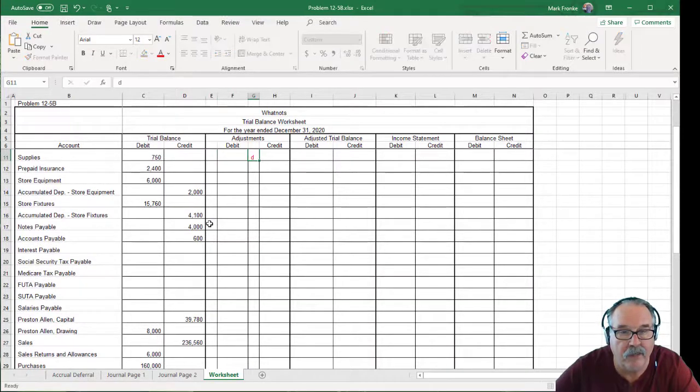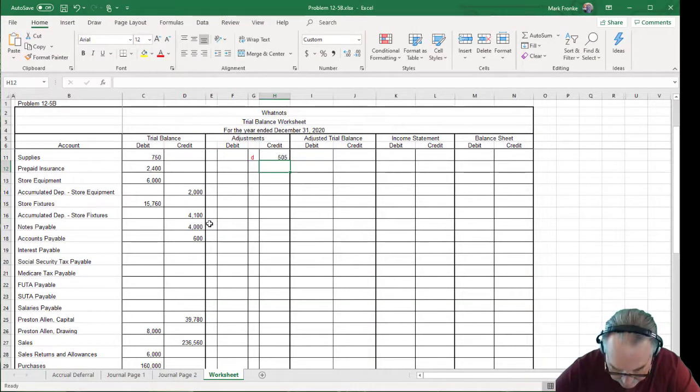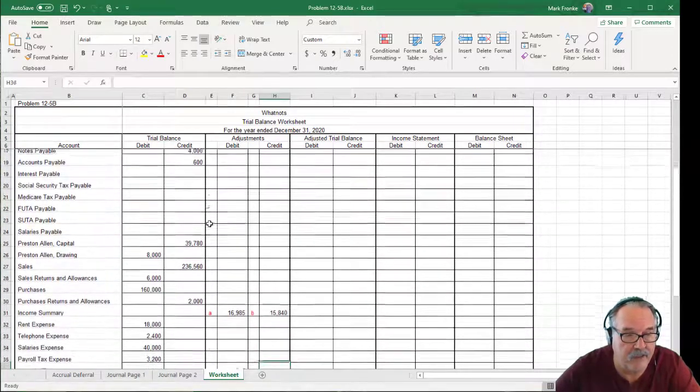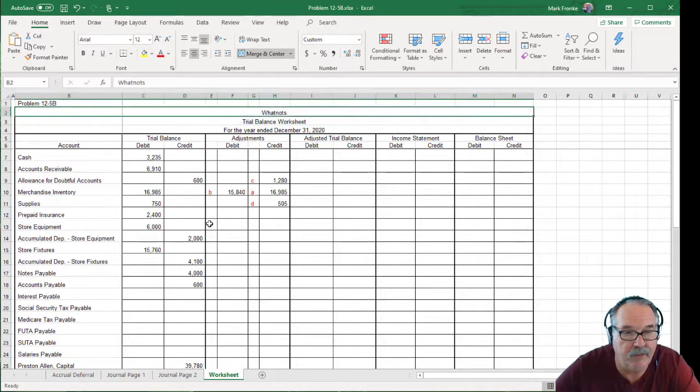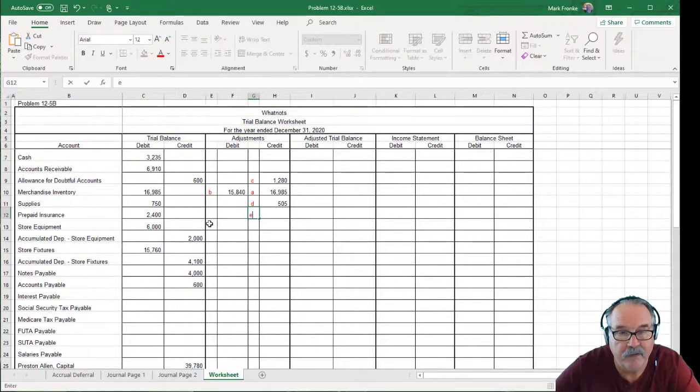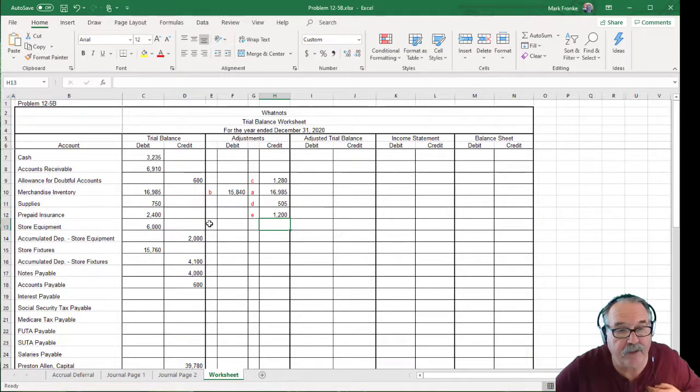The supplies account is going down $505. Item E is the insurance adjustment. Debit insurance expense. And you'll notice all of these adjustments, we're recording an expense. Debit insurance expense, $1,200. Credit prepaid insurance, $1,200. Prepaid insurance is an asset and it's going down.